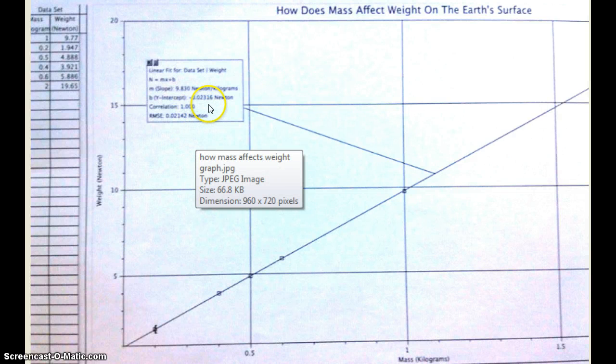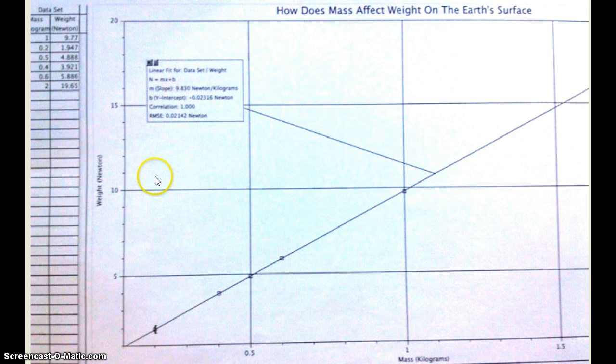So why do we have this negative 0.02? Well, that's because our equipment isn't perfect. So there is a little bit of an error there. If we had perfect equipment that could measure perfectly, it would just be 0 newtons for the y-intercept.